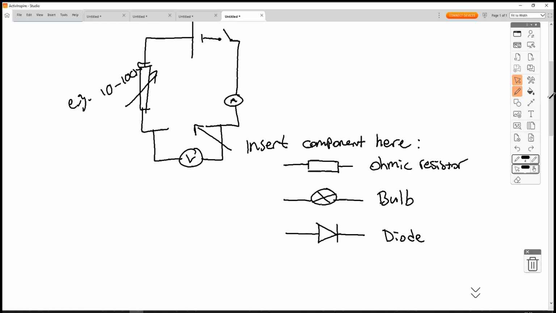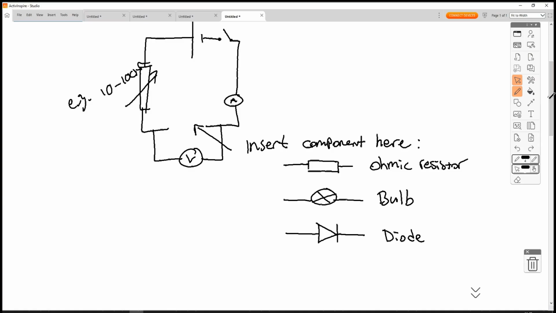Now, this circuit has a limitation. So from GCSE, you know that the potential difference in the circuit will split up according to the components in that circuit. So we have a cell or a battery or even a power supply. That power supply will be adding potential to that circuit.